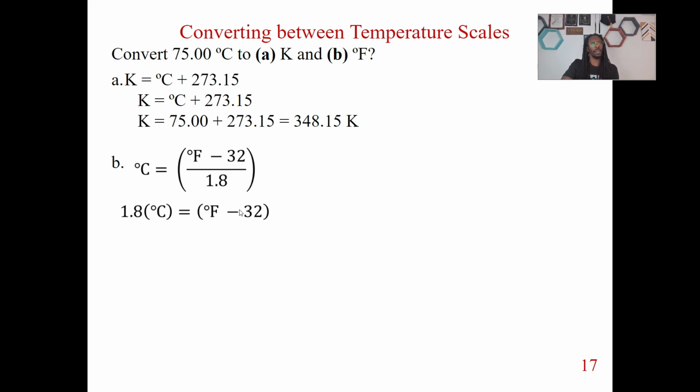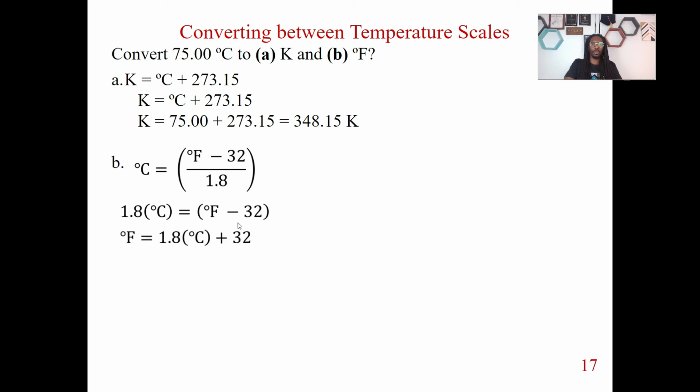So how do we solve for F, Dr. J? Remember, if you want to get something by itself, if you do something to one side, you have to do it to the other. I know I don't want the 32 on this side. What am I going to do? I'm going to add 32. Whatever you do to this side, you must do to the other side.